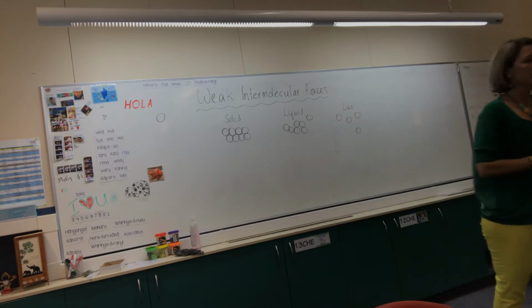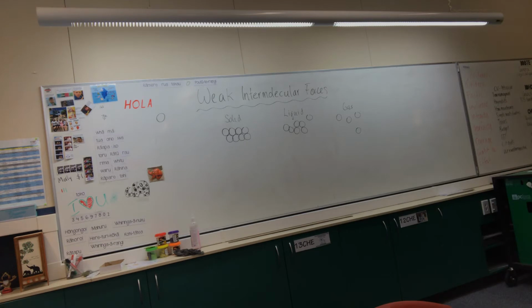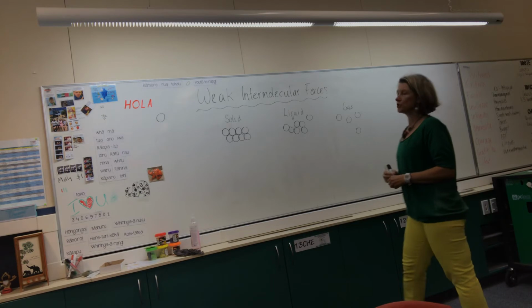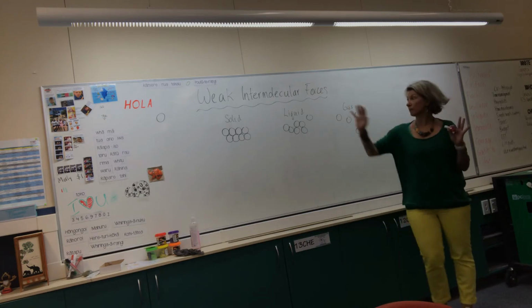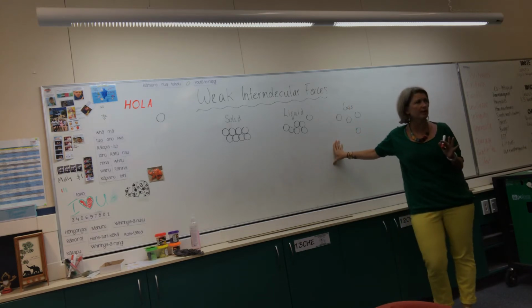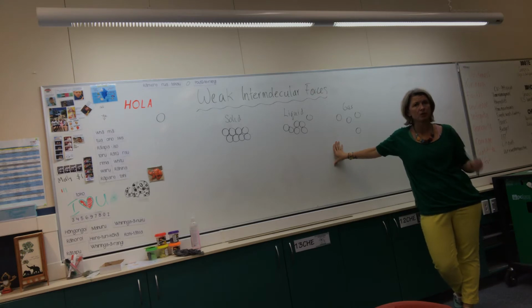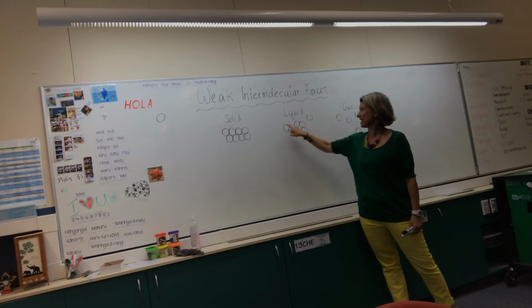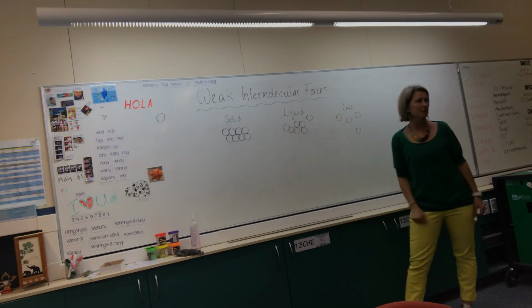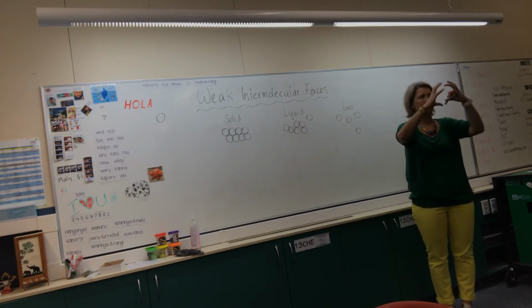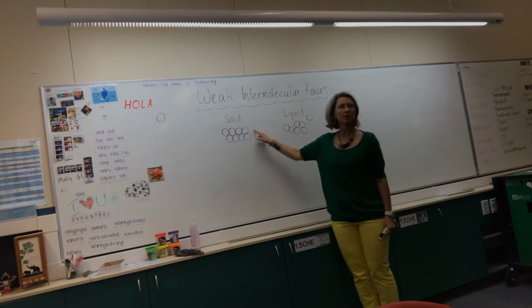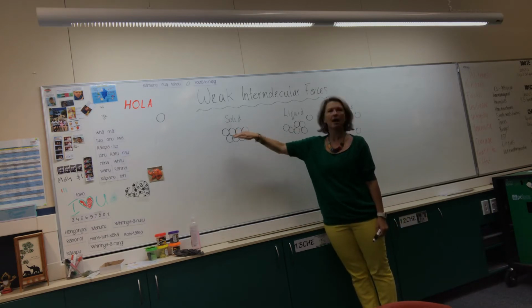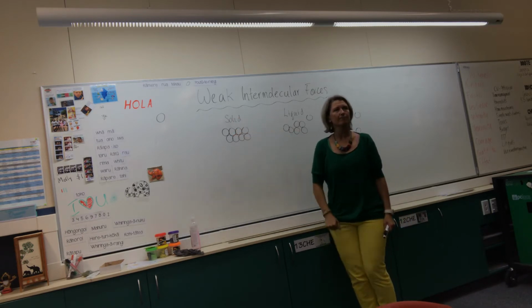Okay, so in your diagrams, girls, this is going to be really important that you understand these really well because there are some big questions around this. The particles should all be the same size, it's the same substance, so you shouldn't have changed the size of your particles. Solids are regularly arranged and tightly packed.